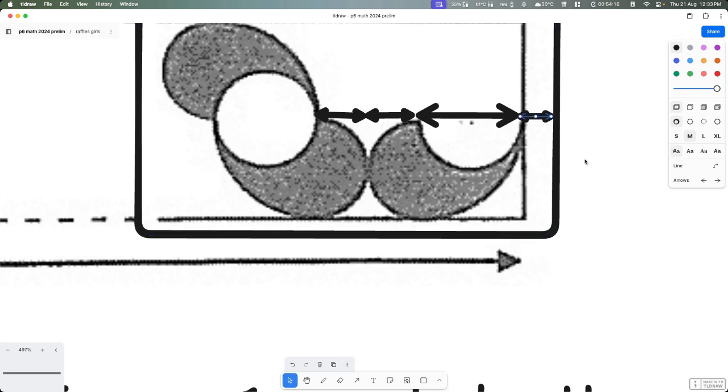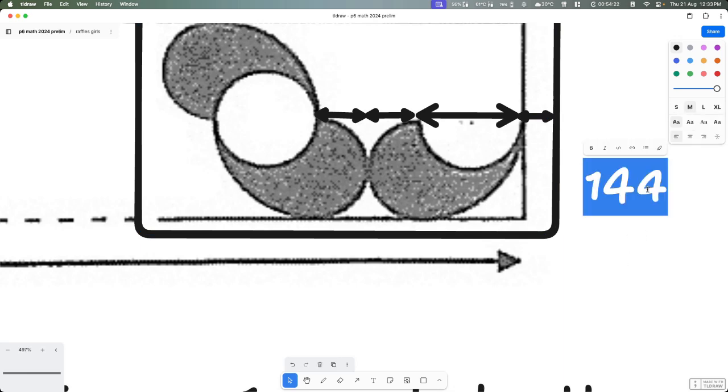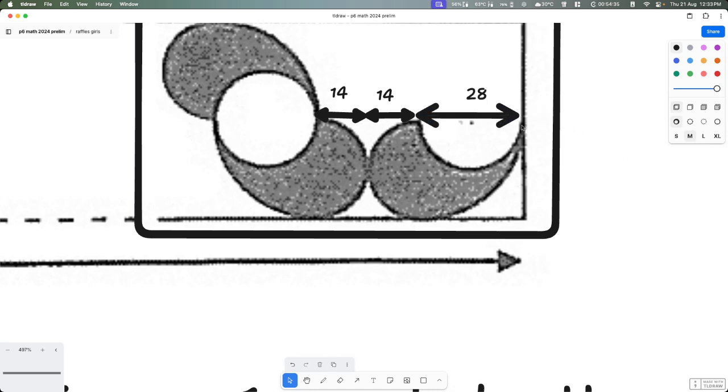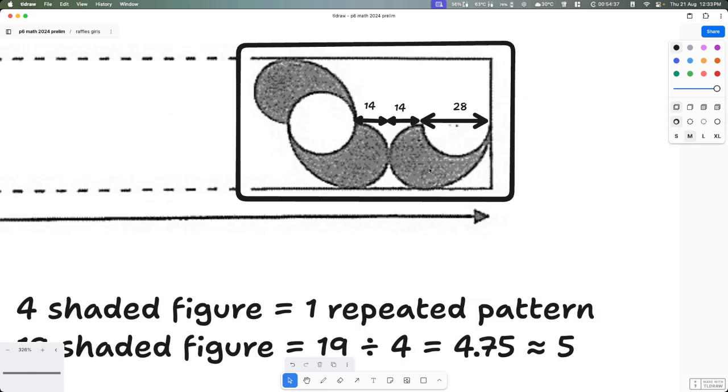This is missing. So let me write down. We know this is 14, this is 14, this is 28. But we don't have the other 14 because it ends there. So then we just minus.